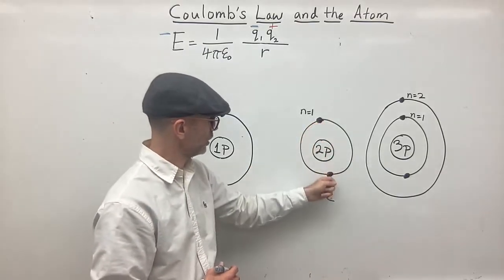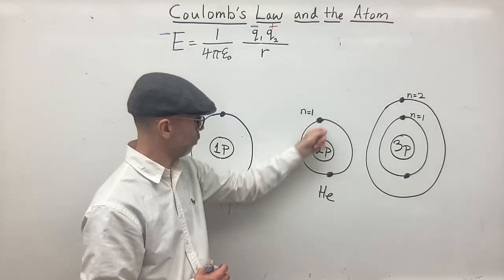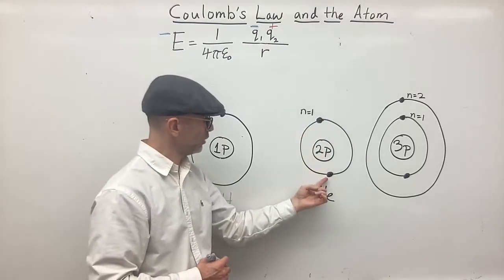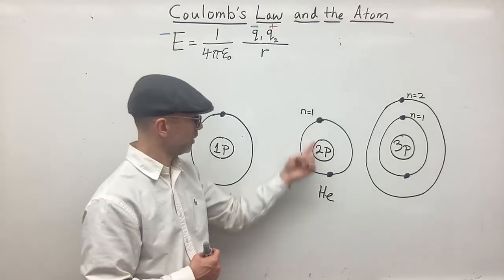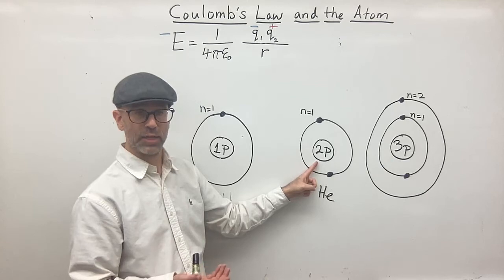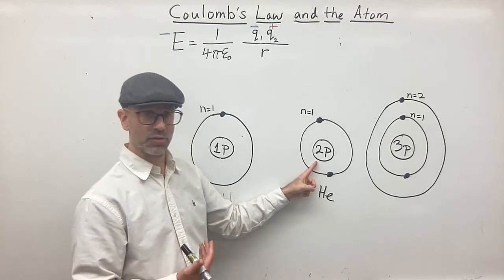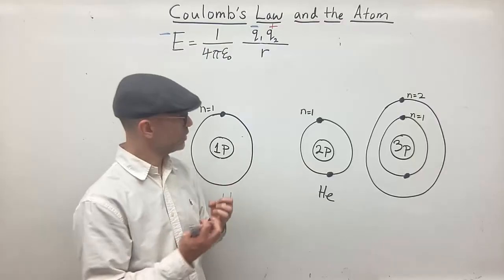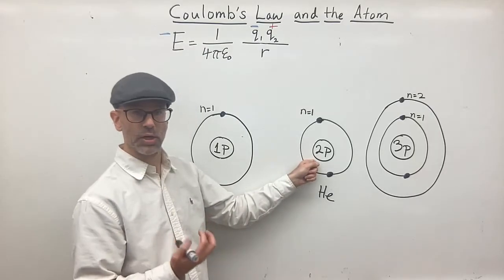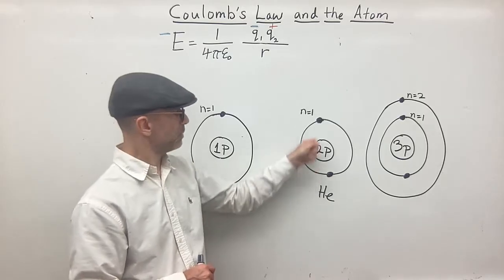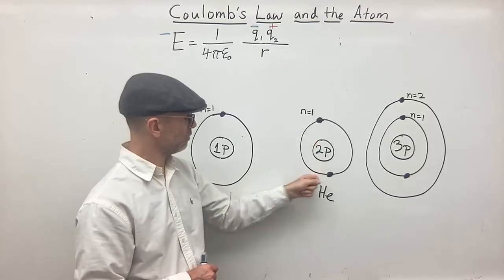So there's some shielding going on here with the repelling force, and so these two electrons, because they are repelling each other, are going to counteract some of the attractive force of the nucleus. And so these two electrons are not going to quite feel the exact strength or the total pulling force of the nucleus because of the repelling force of the electrons.